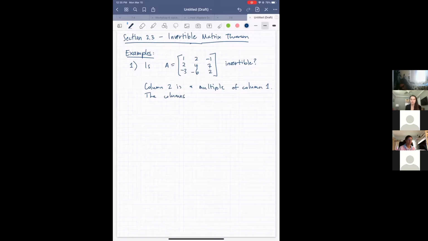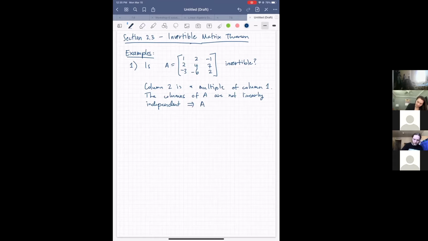Because we can write one as a multiple of the other. So columns of A are not linearly independent, which means that A is or is not invertible. It is not invertible.